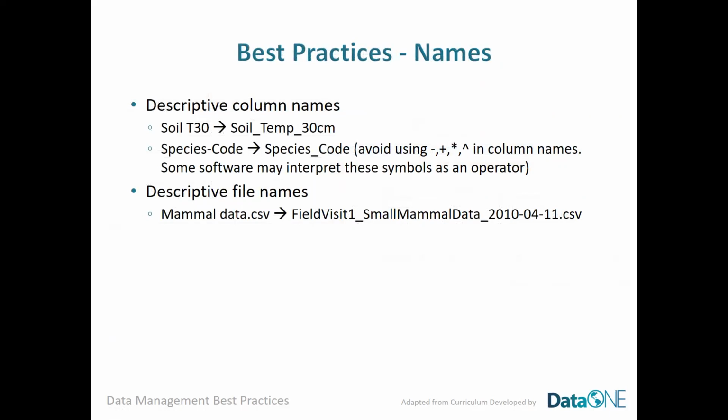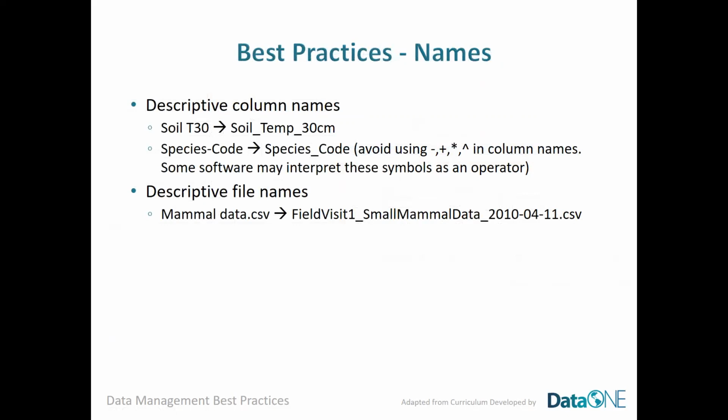For example, under the file names example here, field visit 1 underscore small mammal data underscore the date indicates that this file contains data collected during field visit number 1, and it contains small mammal data, and it is the version of that data set dated April 11th, 2010.